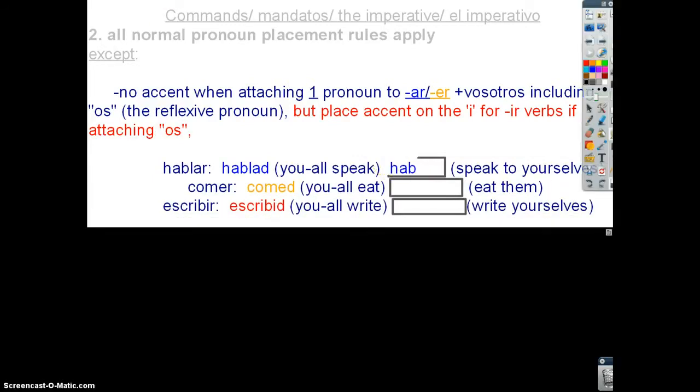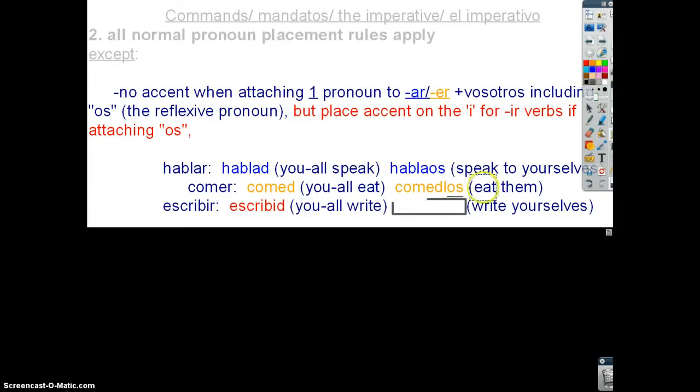Okay, if I want to attach a pronoun to hablad, no accent. I drop the D if I'm adding os, only if I'm adding os or se, but there is no accent. If I attach one pronoun to comed, no accent.